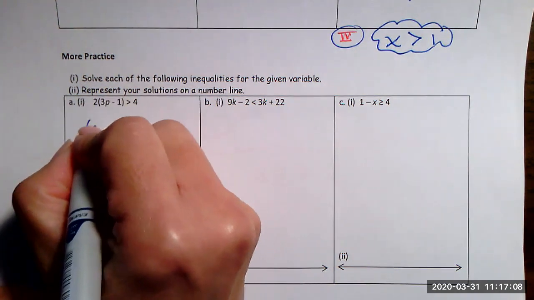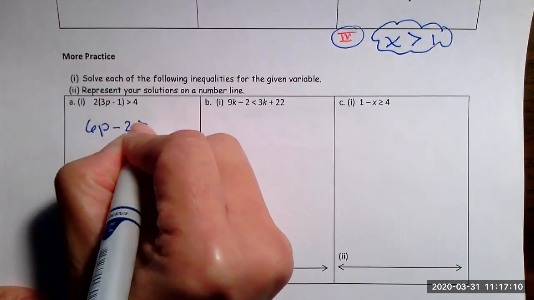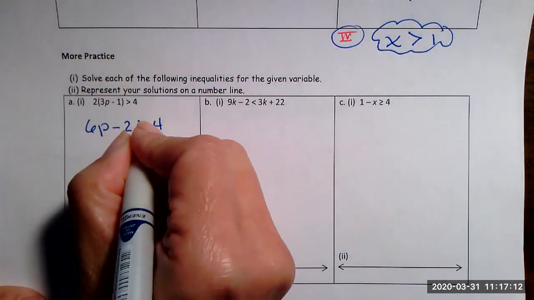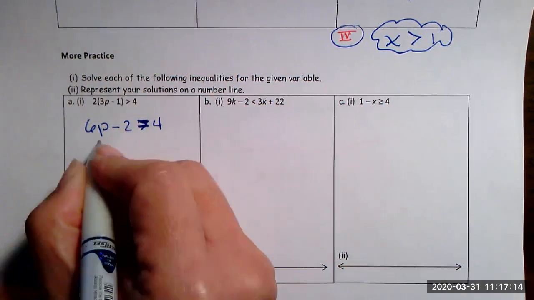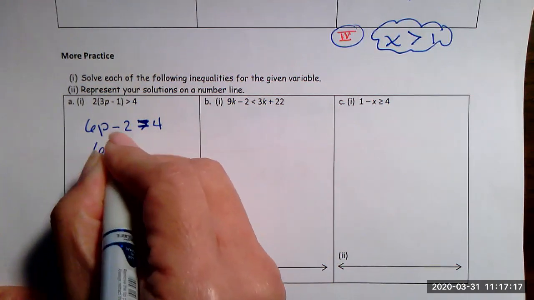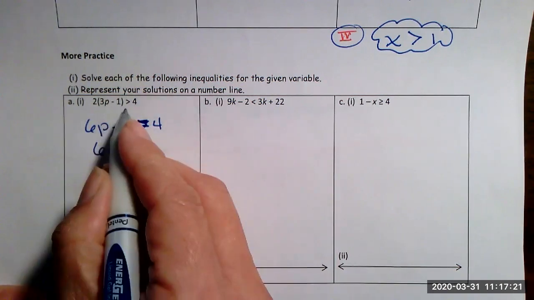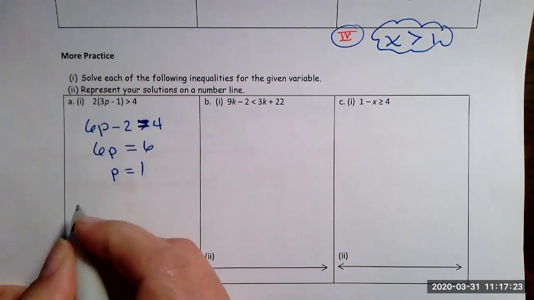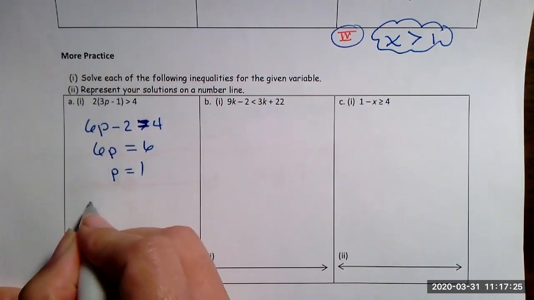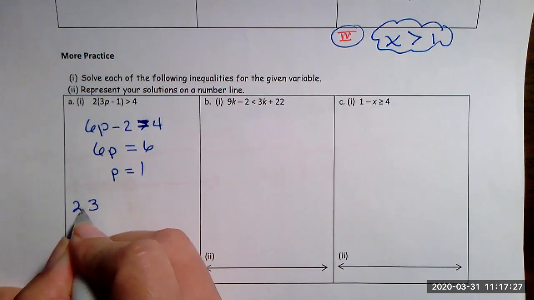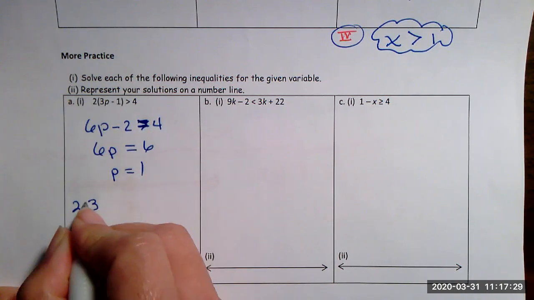All right, let's check our answers. 6p minus 2 is greater than 4. Oops, I'm going to make that an equal sign because I want to find my boundary point first. So 6p equals 6, p equals 1. And put the 1 in here. I know that's going to be open. And now I need to test a point. So I'm going to test 0. I always like to test 0.